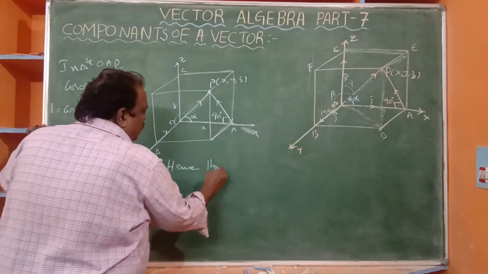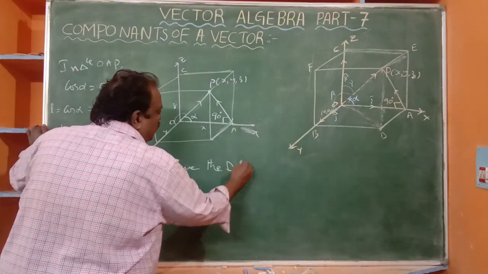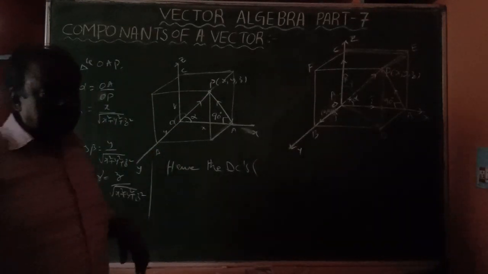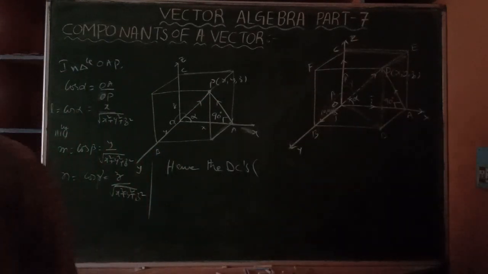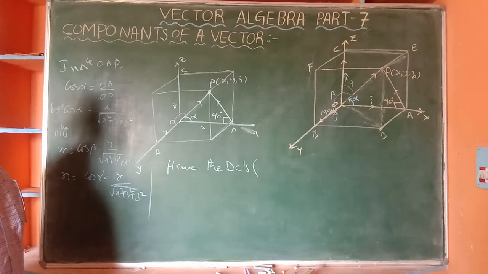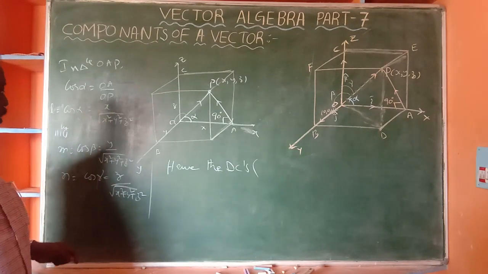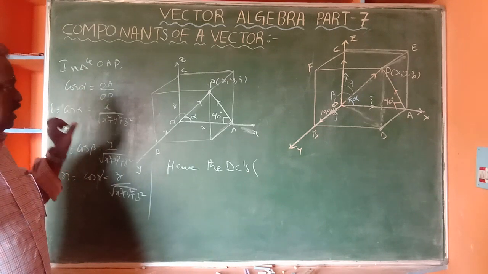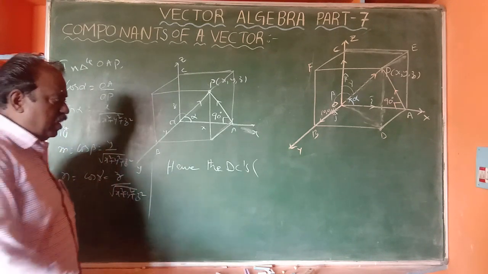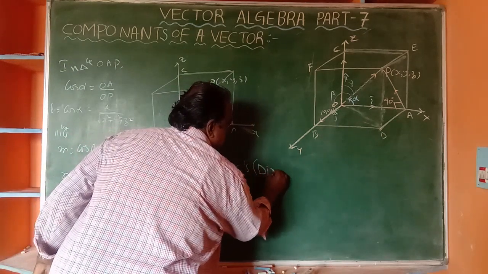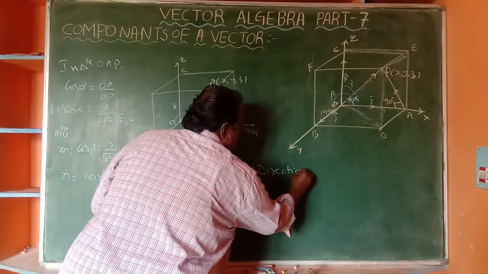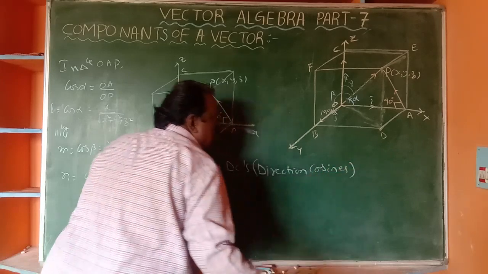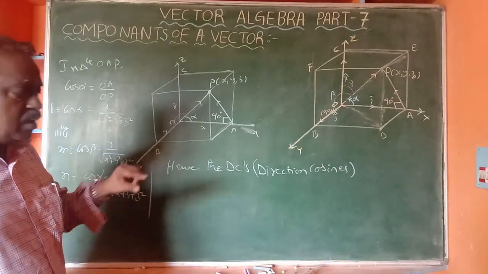Hence, these are called DCs. Observe it, the last concept, the DCs. What are the DCs? DCs means direction cosines. Already we know that, so don't confuse them with DRs.